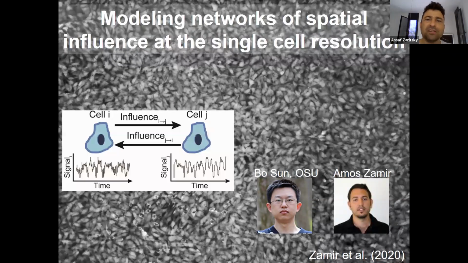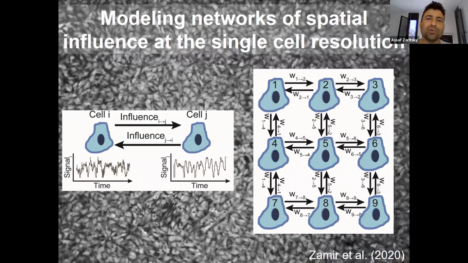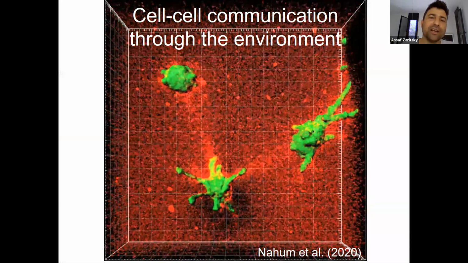The idea is basically to build a network of how information propagates. In order to do it, we are looking at time series of dynamic events, which could be a lot of things, and we are trying to build networks that characterize how information propagates within this system from one cell to another. So, a few examples of projects that we have started in this direction.